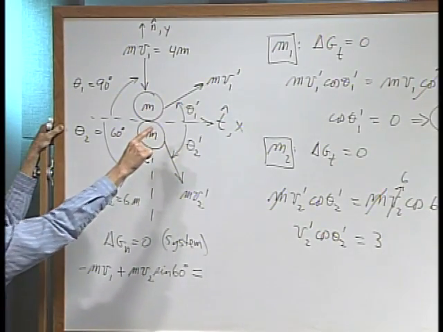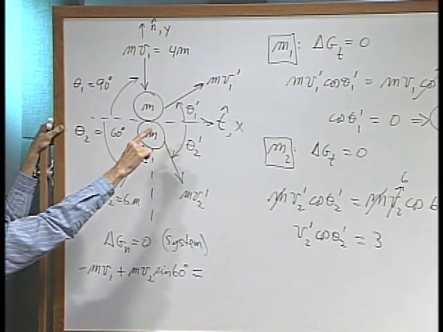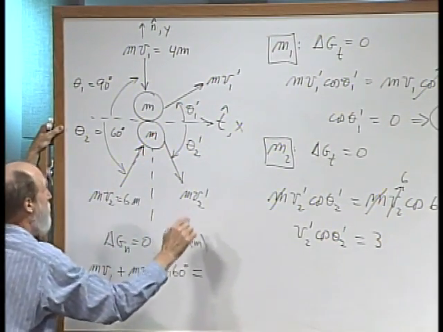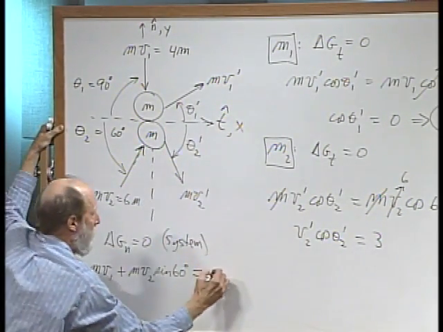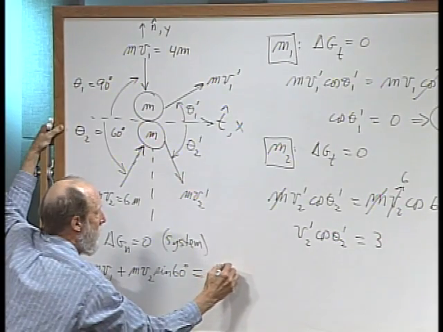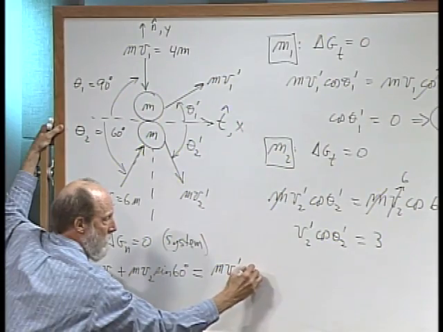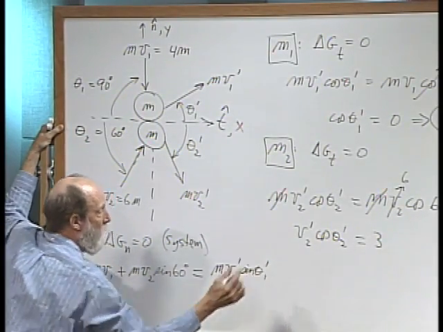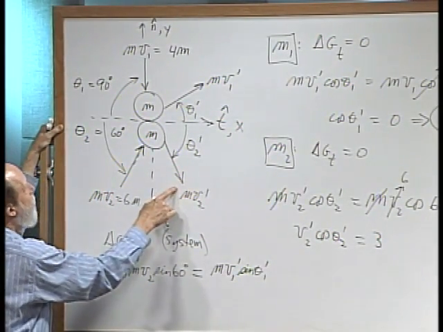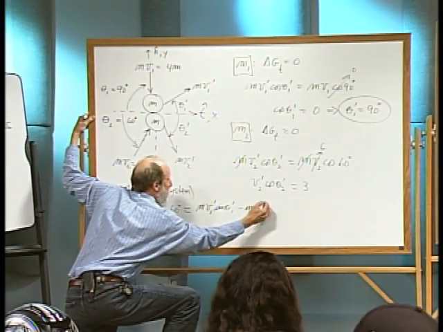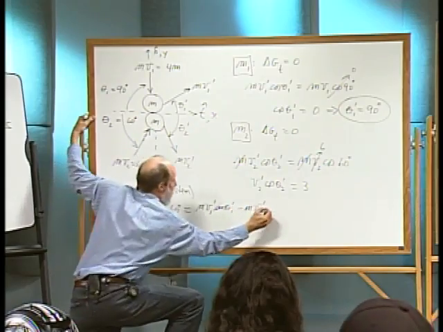Then the momentum using the defined quantities over here after the impact is going to be the upward component of that, which is mv1 prime sine theta 1 prime minus mv2 prime sine theta 2 prime.